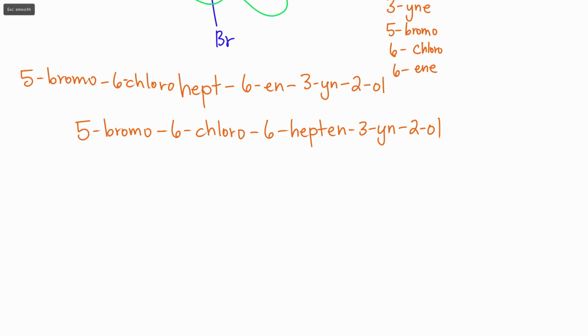Now, a lot of students resisted the procedure to use the numbering system at the end. Some students like to call this 1, 2, 3, 4, 5, 2. Some students were fixated on this method and this method alone.